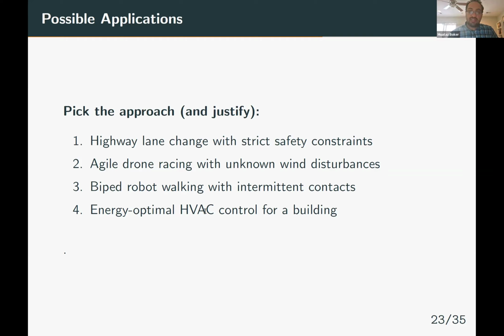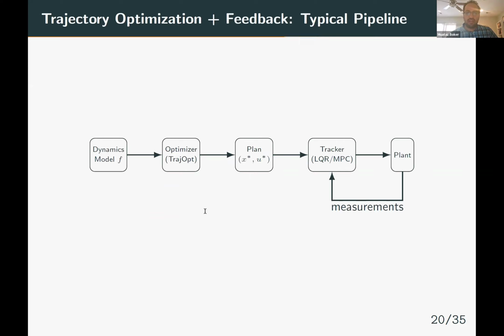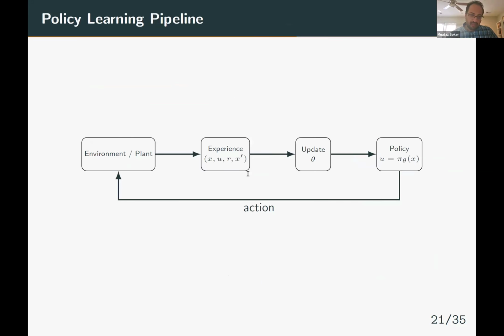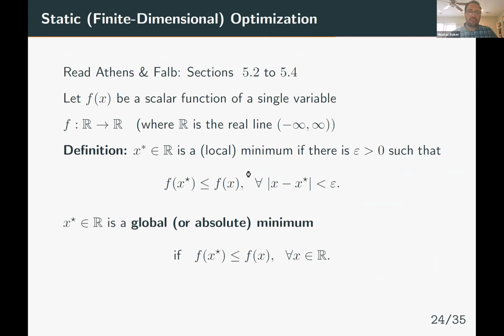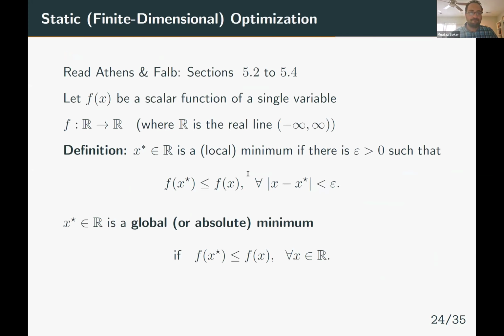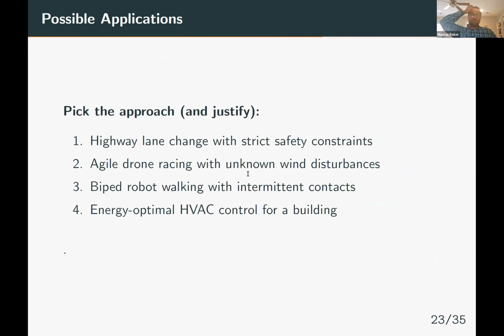If the answer is yes, then there is value in considering optimal control because of the safety constraints, because of the interpretability, because of the advantages and trade-offs that I mentioned in this table here. If that's not easy, then reinforcement learning would be the alternative approach. Any questions?